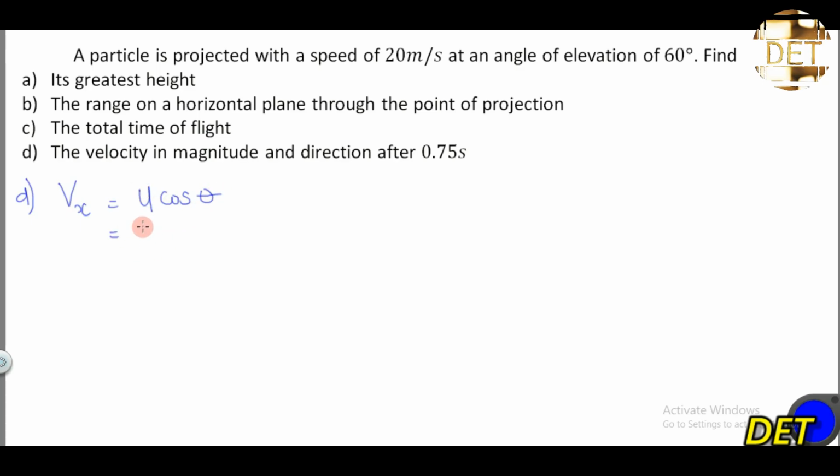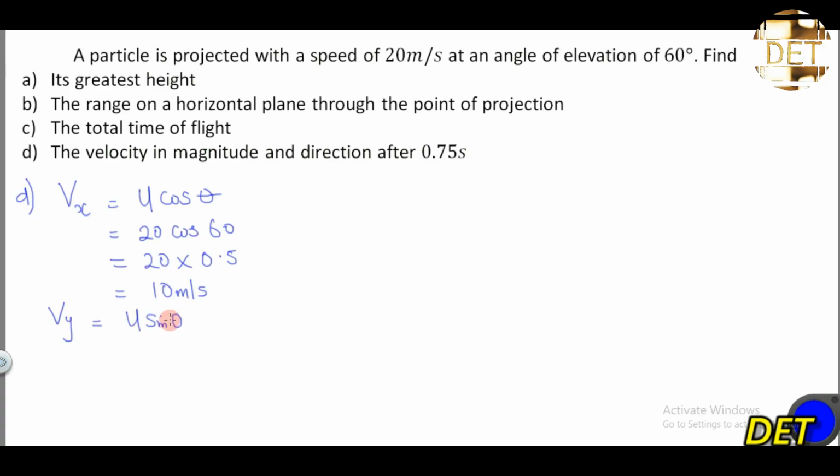So this will be equal to, my u is 20, cos what? My theta is what? 60. So this will be equal to 20 times cos 60 is 0.5, right? So 20 times 0.5, that will give me 10. So my horizontal velocity is what? 10 meters per second.